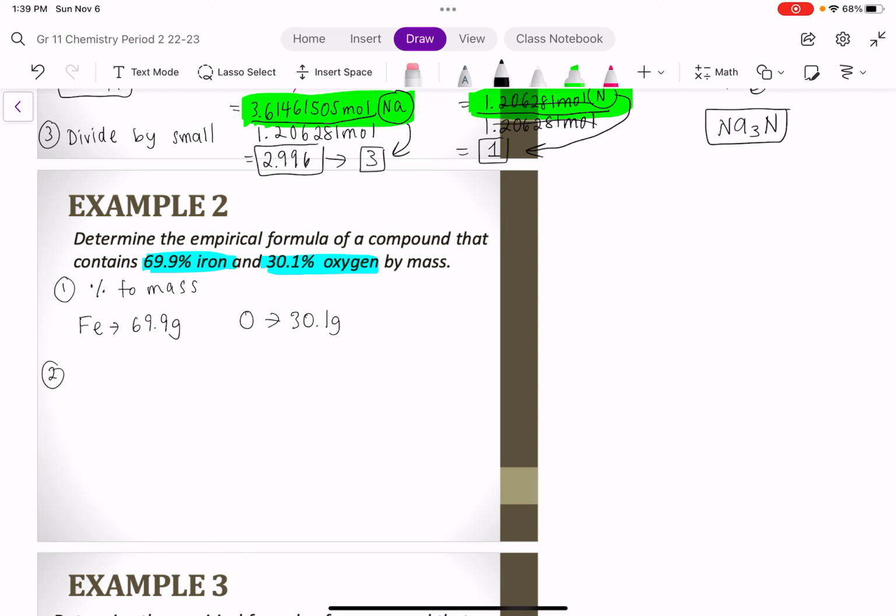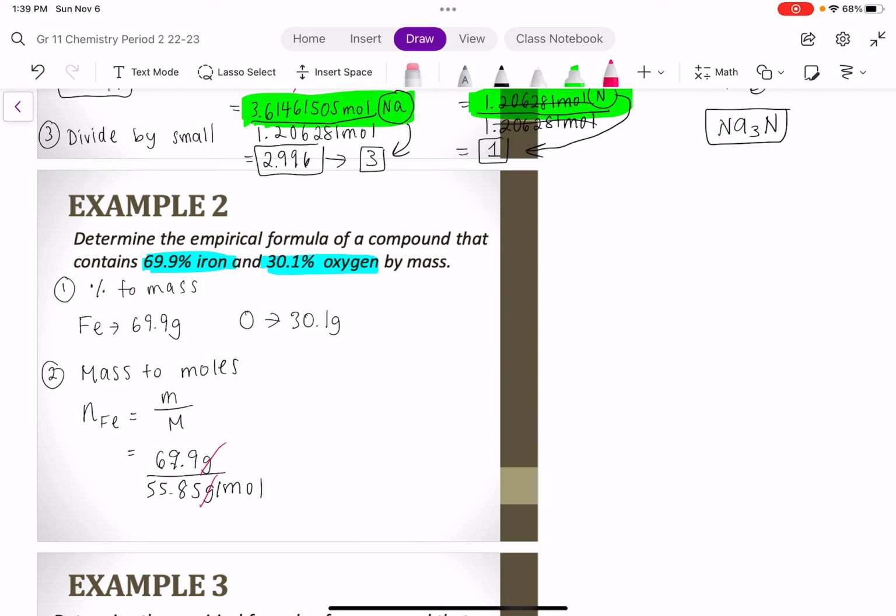The next thing we do is go from mass to moles. So for iron, 69.9 grams, we do our mass divided by molar mass. In this case, 69.9 grams divided by its molar mass, which is 55.85 grams per mole.